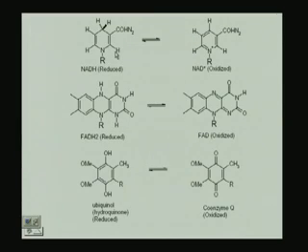Okay. So, just summarizing, we have the reduced forms of all the electron transfer cofactors here, the usual ones: from NADH, NAD plus is the oxidized form; we have FADH2 the reduced form and FAD the oxidized form; we have ubiquinol the reduced form and ubiquinone or coenzyme Q as the oxidized form. Okay. So, in each case you have to know at which point the hydrogens are added.